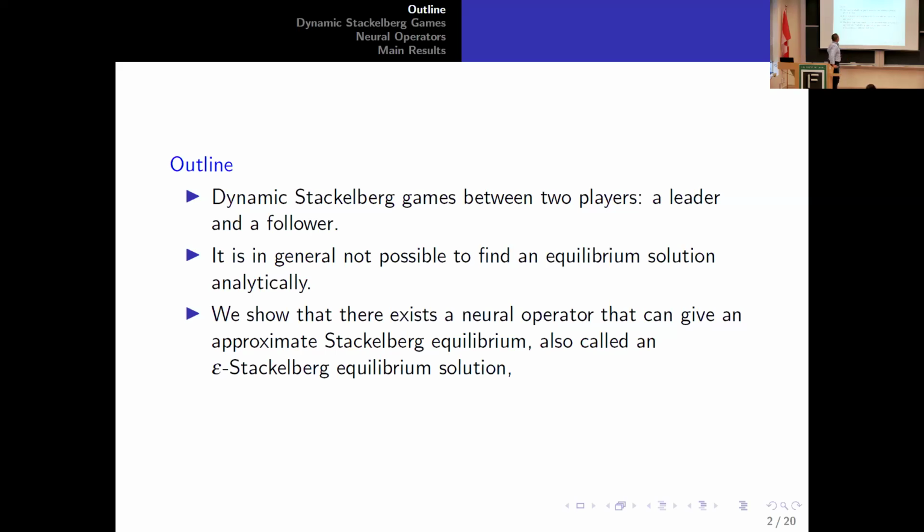Of course, in the static case and the dynamic case, linear quadratic models are always good to work out. However, we show that there exists a neural operator that can give an approximate Stackelberg equilibrium for dynamic Stackelberg games, and we also prove that it is an epsilon Stackelberg equilibrium solution. That is the outline of the talk.